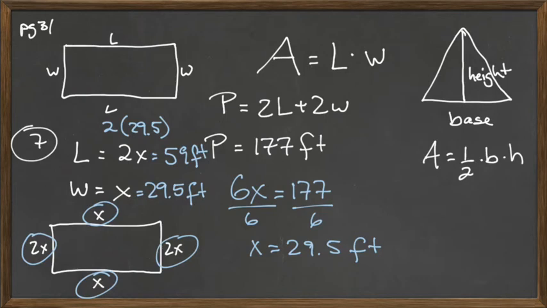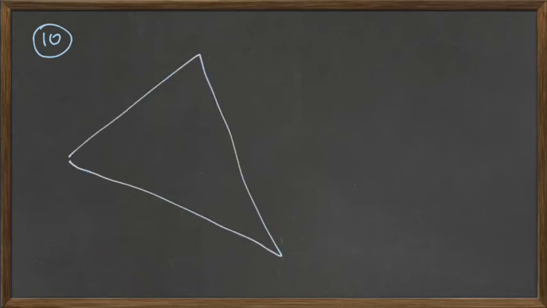How about number 9? No, too easy. Let's look at number 10. We have a triangular garden. Here you go, beautiful. It has sides that can be represented by 3 consecutive integers. If the perimeter is 15 feet, what are the lengths of the sides?